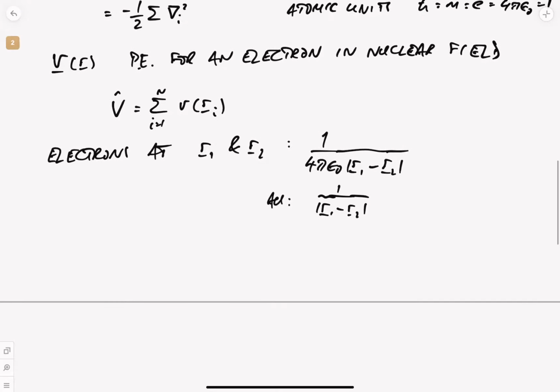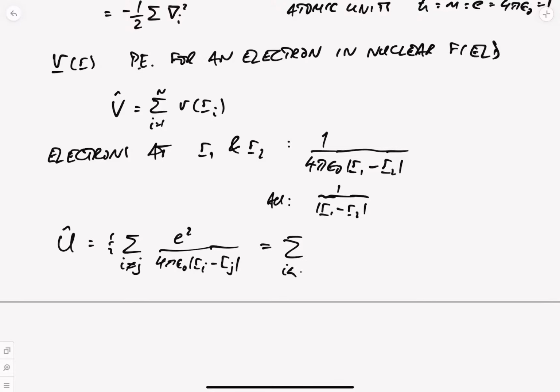And therefore, the total electrostatic energy from the electrons can be written as a half, and that's to avoid double counting, times the sum over i not equal to j of e squared over 4 pi epsilon naught |r_i minus r_j|, or if you preferred, you could write that as a sum over i less than j.